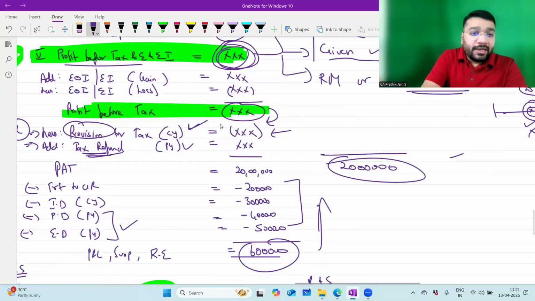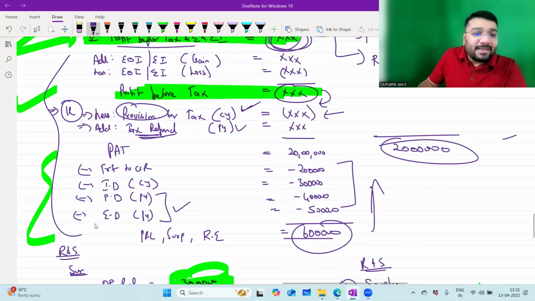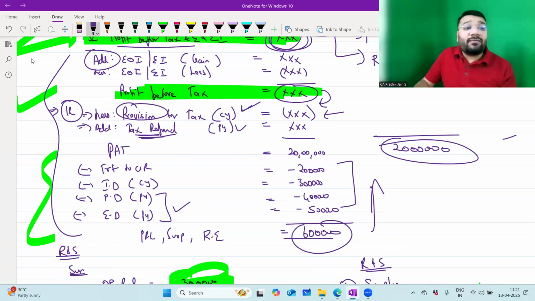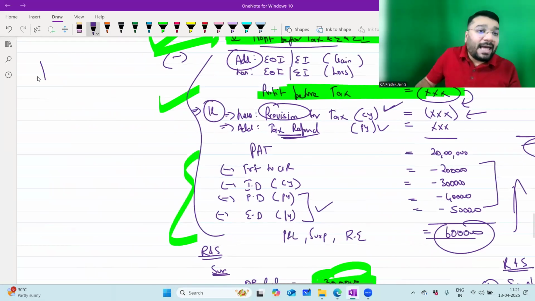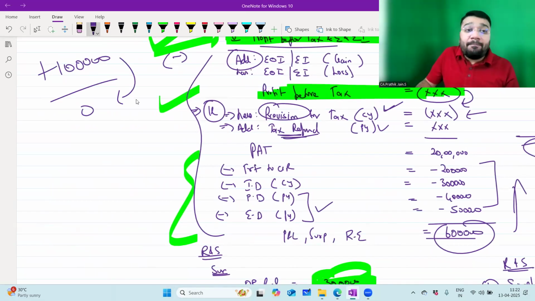So now, in between, whatever you've added and subtracted, everything needs to be reversed. Whatever you added, to cancel the addition, you have to give subtraction. If I have plus 1 lakh, to make it 0, what should I do? To nullify the impact, I have to minus 1 lakh.